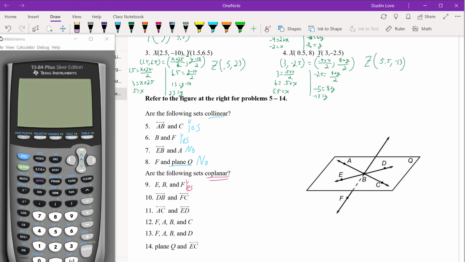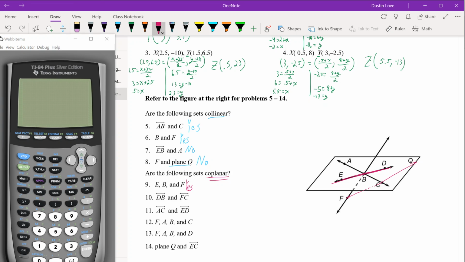All right. Now, lines DB and FC. DB is this line here, and then FC is here. Keep in mind though that F is below plane Q, C is on plane Q, so this line is going to pass up and then pass through.